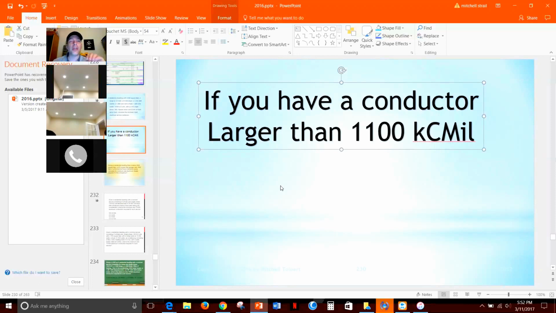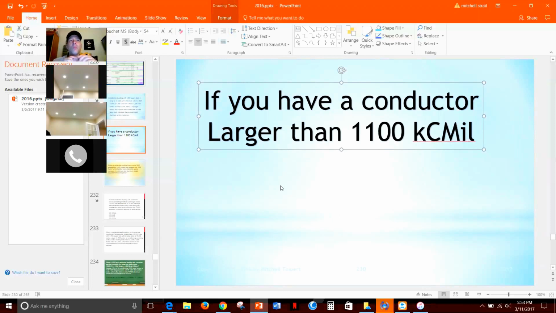But just so you understand, that note 1 at the bottom of that table on page 121 has to do with parallel sets of conductors. When it comes to the wire size, once we reach 1100 kcmil on the table that you're looking at right now, there is no other wire size that is going to be required larger than a 3/0 GEC. It's the max.